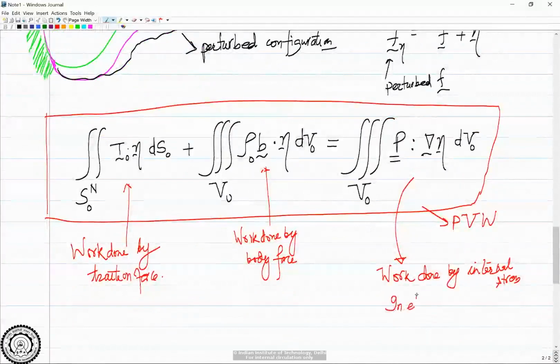In the elastic case, P is del W by del F, which is a function of big F, and it is then double contracted with the gradient of eta.